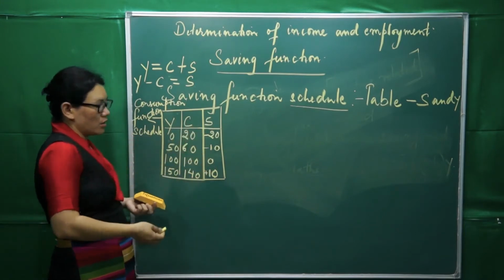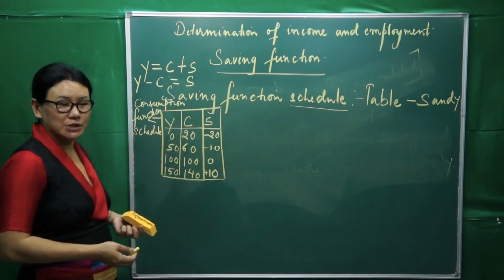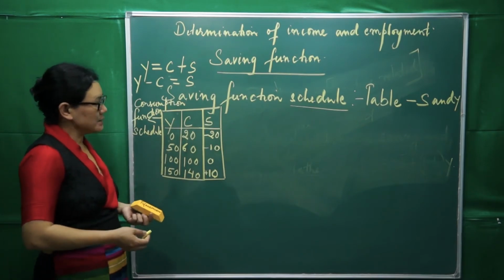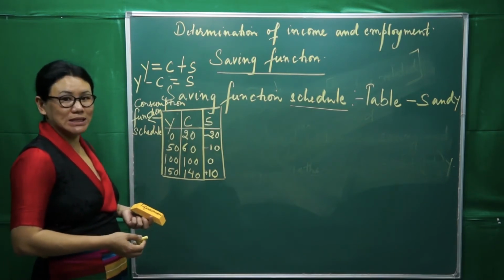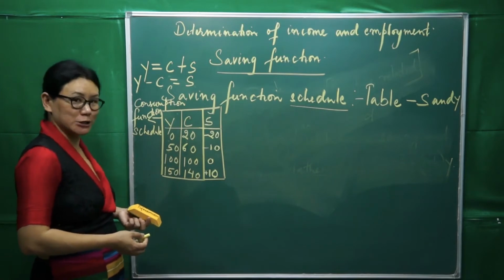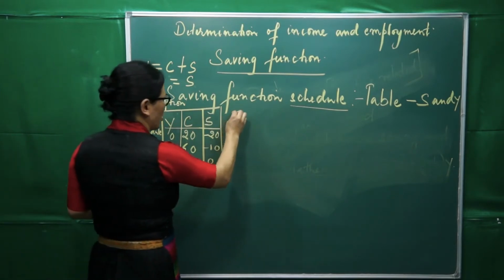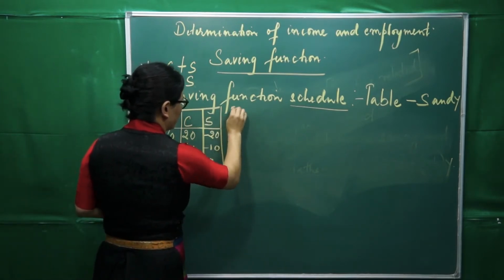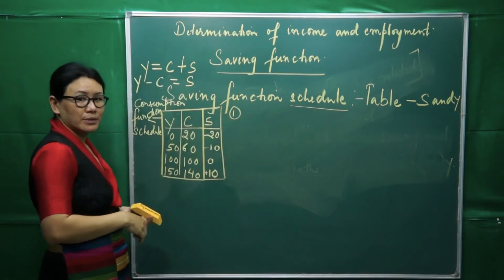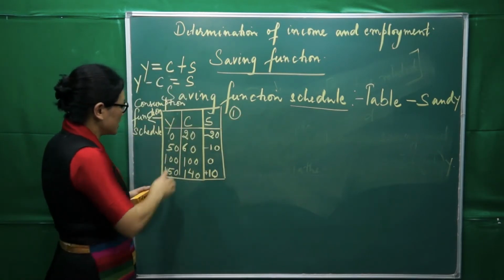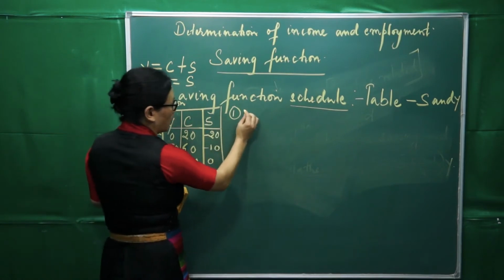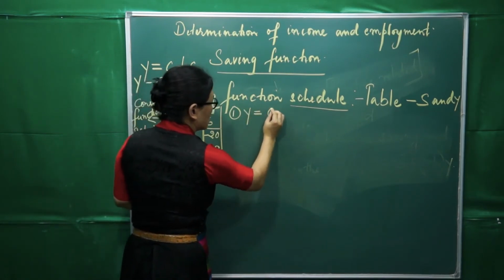Now we need to observe this schedule and list down certain observations from it. Very simple observation we get from here. The first observation is Y is 0 here.